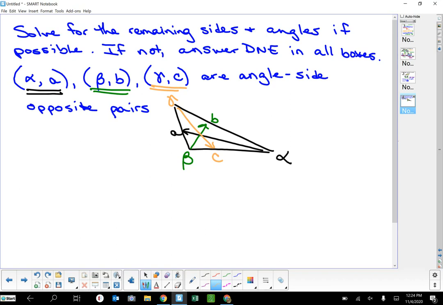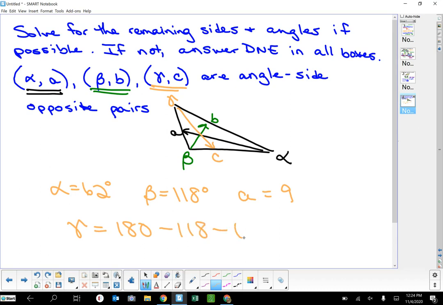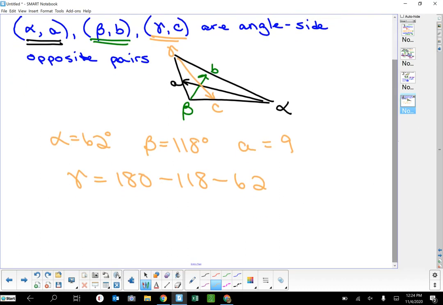And the question that I had looked like this. Alpha equals 62 degrees, beta equaled 118 degrees, and A equaled 9. So here's the deal. If you go to find gamma, gamma would be equal to 180 minus 118 minus 62. And what happens is 118 and 62 are 180.